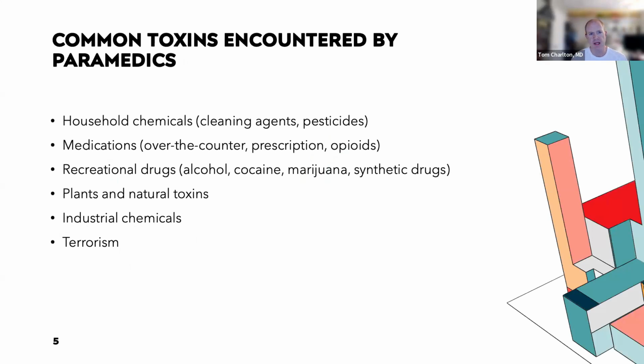Some of the common toxins encountered by us are primarily household related things: household chemicals, medications, etc. Of course, we do see recreational drugs: alcohol, cocaine, marijuana, opioids, etc. We also occasionally run into plants and natural toxins.